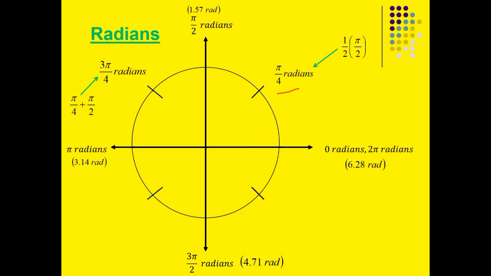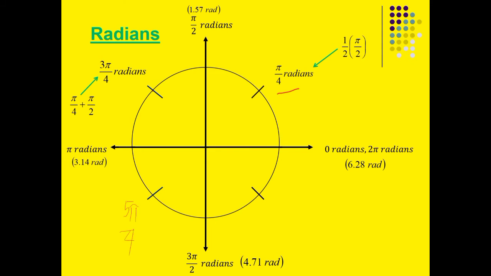Then here we have pi. Another one is pi plus pi over 4. So pi plus 1/4 pi is 5 pi over 4.